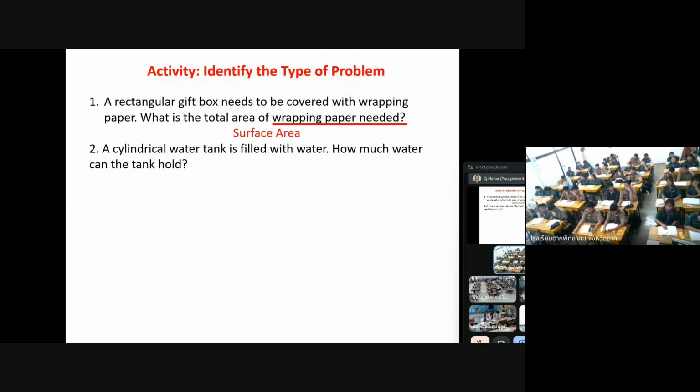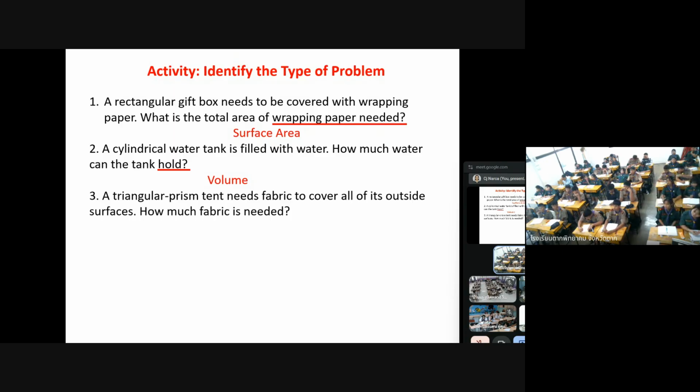Volume or surface area? Volume. Okay, what is the keyword? How much water can the tank hold. So that is volume. How about this?